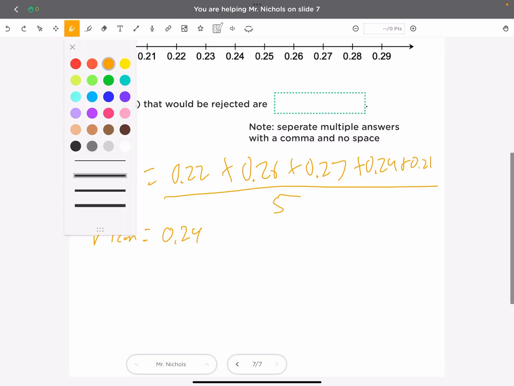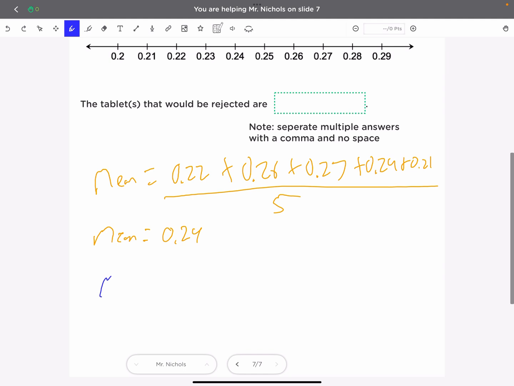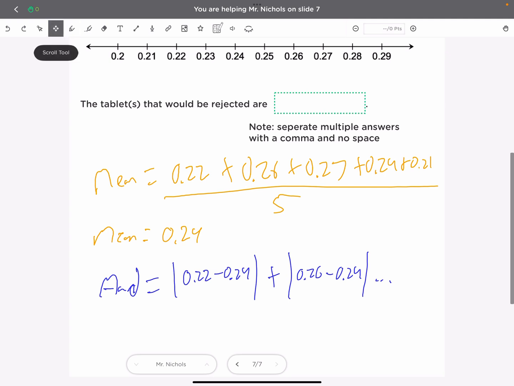Now to find the MAD, I'm going to switch to a different color. I'm going to set it up, and I'm not going to give you the answer to this. You're going to have to calculate it. We take the absolute value of each of our data points minus the mean. So in this case, it would be the absolute value of 0.22 minus 0.24 plus the absolute value of 0.26 minus 0.24, and so on.